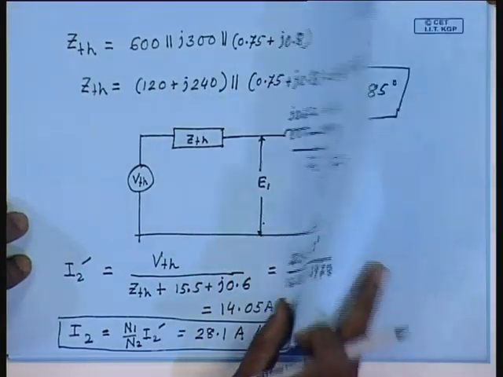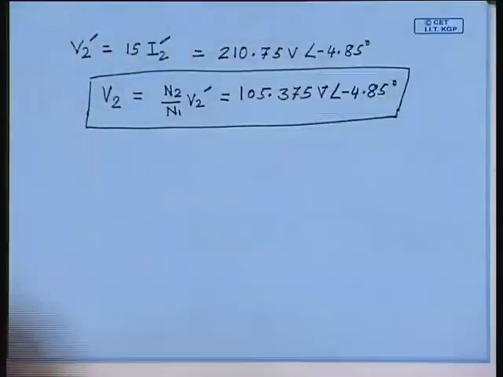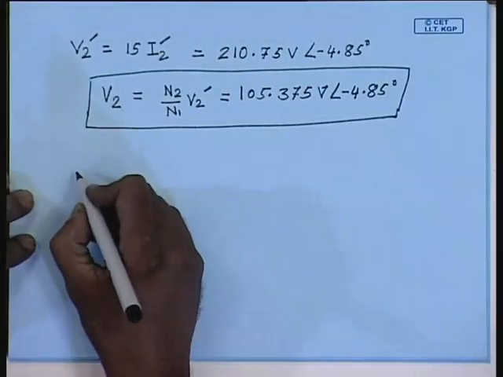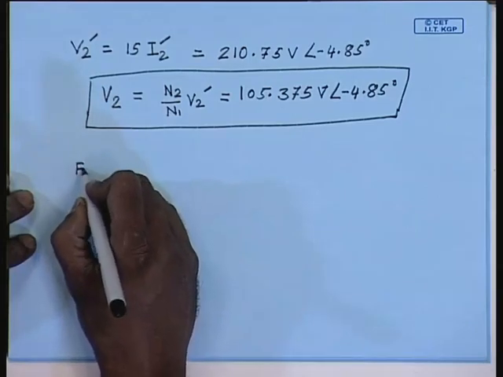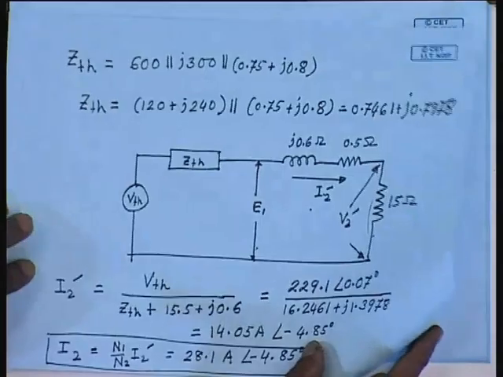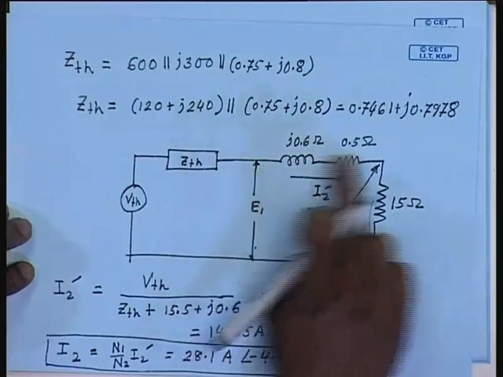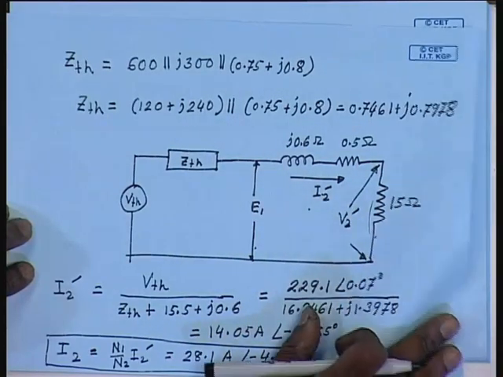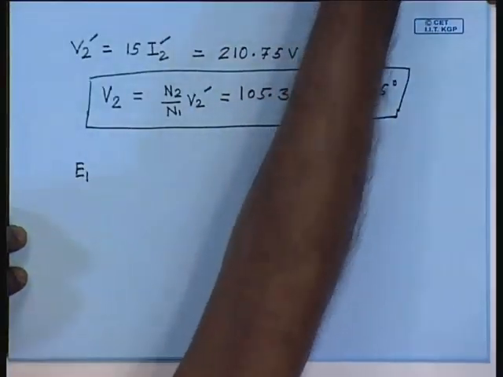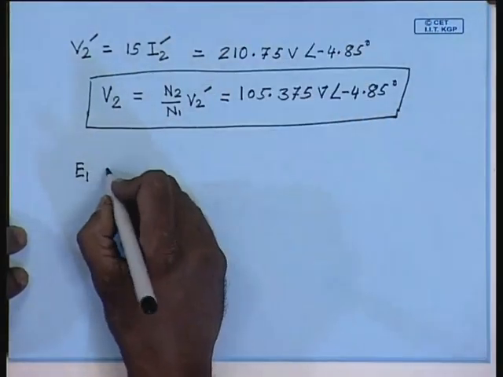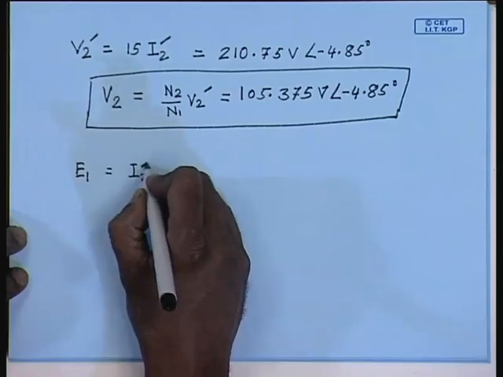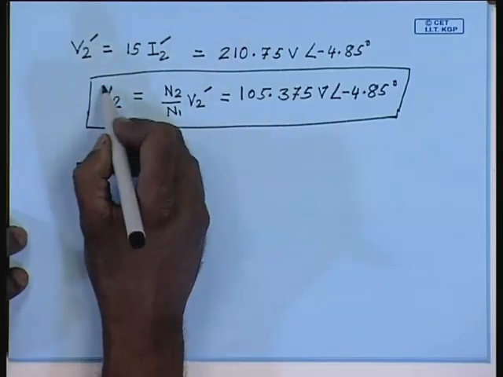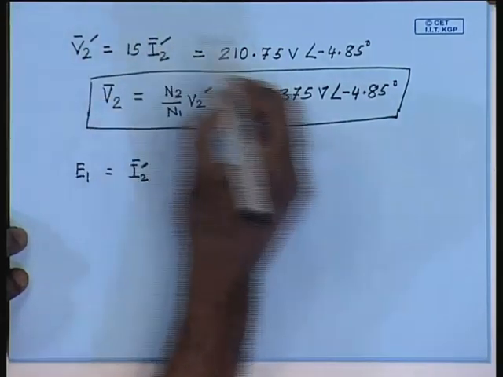So, let us try to find out what is E1 first. Now, E1 from this Thevenin equivalent circuit is I2 dash multiplied by the total impedance of the secondary side. These are all phasors.